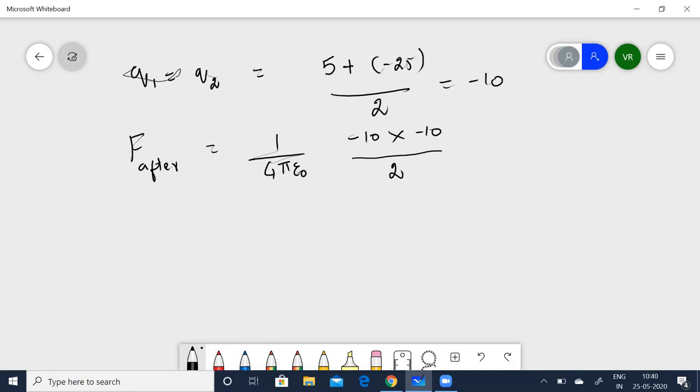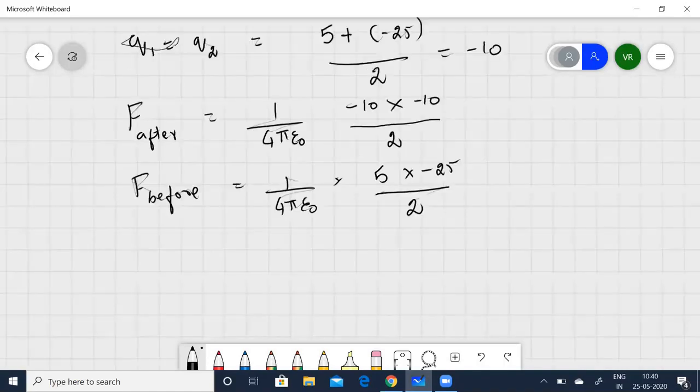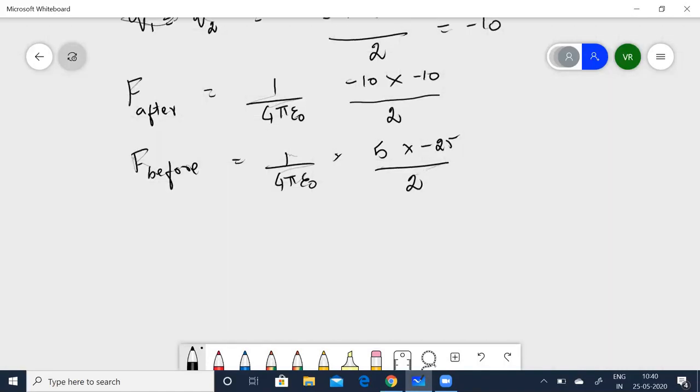Now the force before contact, F before, is 1 by 4 pi epsilon 0 into 5 into minus 25 divided by r squared. Dividing F after by F before, everything cancels and you are left with minus 10 times minus 10 divided by 5 times minus 25, which is equal to 4 by 5.